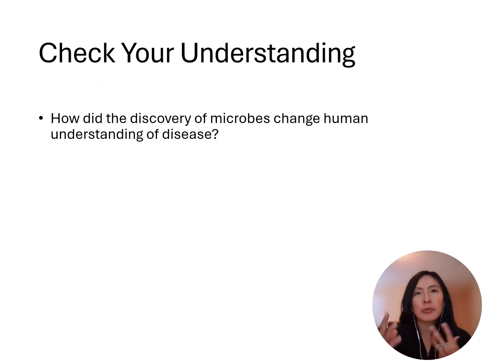So we can see that proving microbes exist through van Leeuwenhoek's microscope and the subsequent experiments conducted by Pasteur and Koch really helped us better understand disease. So van Leeuwenhoek's microscope showed us the microbes and confirmed their existence. Pasteur showed that microbes are important in terms of fermenting our foods, but also spoiling our foods, leading to pasteurization.